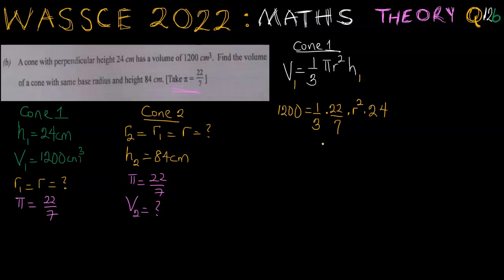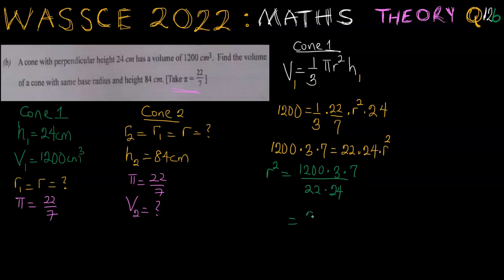So here, if I cross multiply, I'm just going to have 1200 times 3 times 7 equals 22 times 24 times r squared. Dividing both sides by 22 times 24, I'm going to have r squared equals 1200 times 3 times 7 divided by 22 times 24.